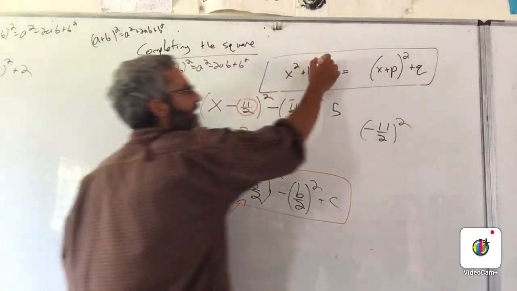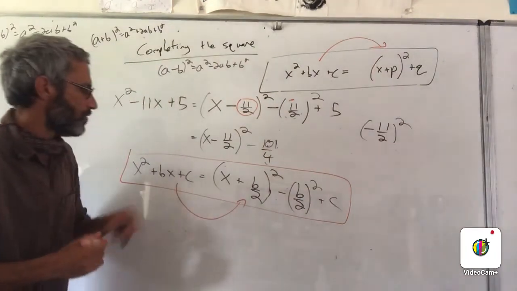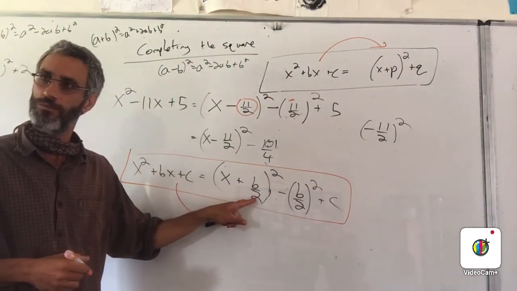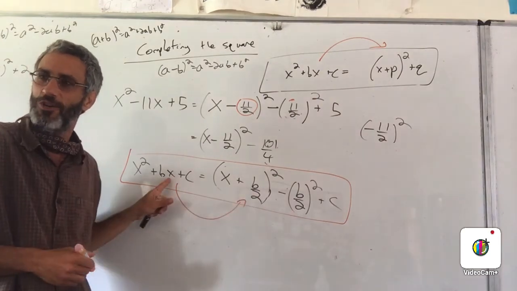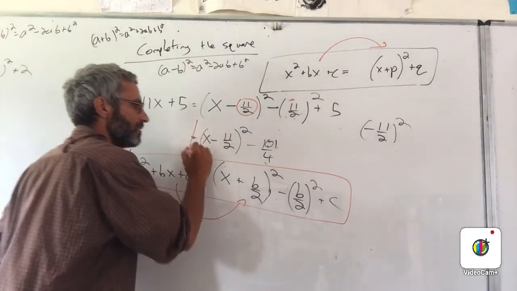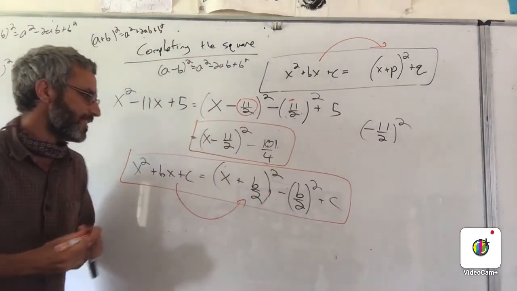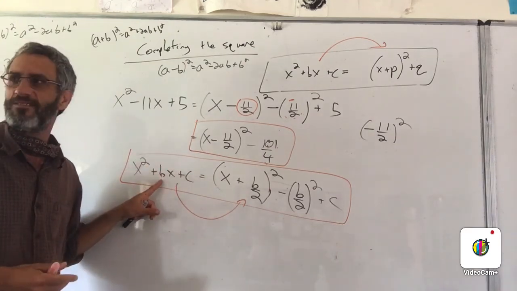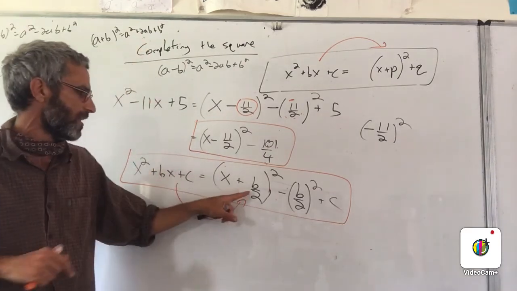You say x plus half of the middle term, so b over 2, where b is the middle term. That would be your answer now, minus 101 over 4. That's the final answer. And this formula gives you a recipe when you don't know what b is. In our mind, we just say, take half of that middle term.